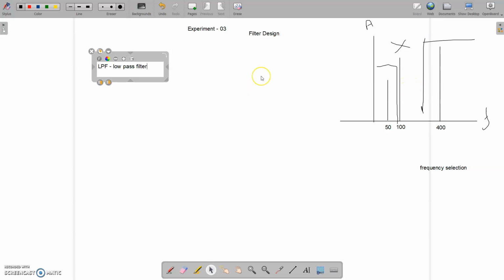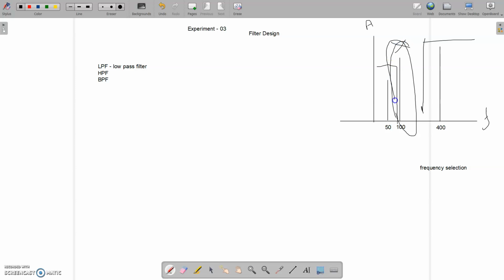There are other three types. High pass filter will allow only the high frequency components and suppress the low frequency components. Another one is called a band pass filter, BPF. Band pass filter is like, let's say I want only this 100 hertz component, and I want to crop out this 50 hertz and also this 400 hertz.